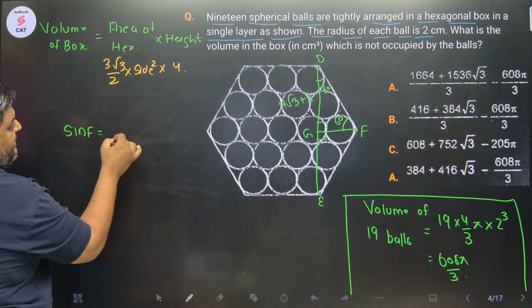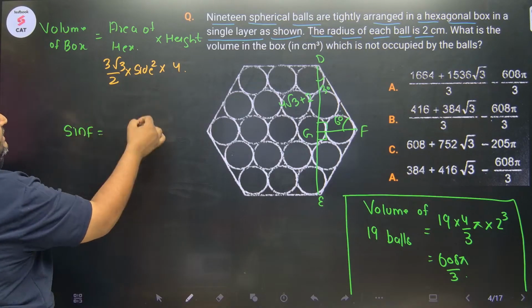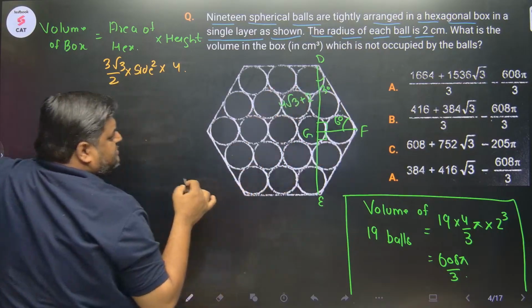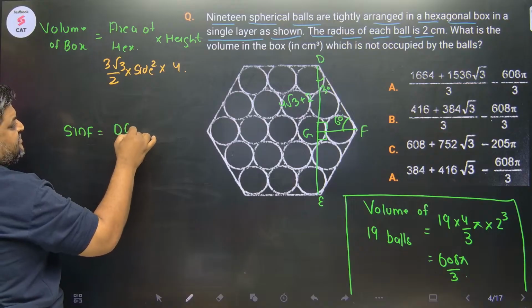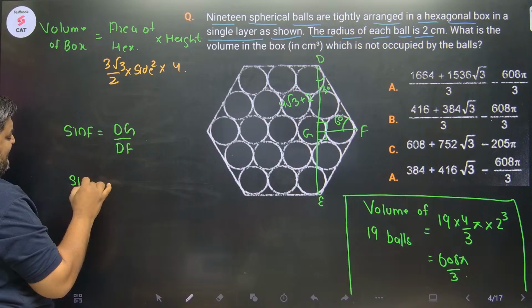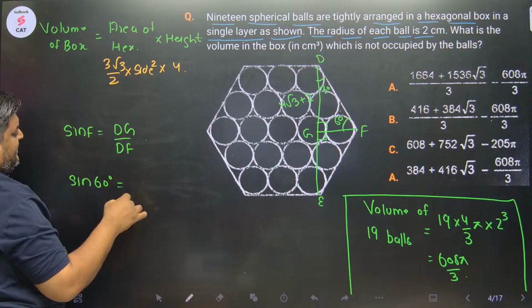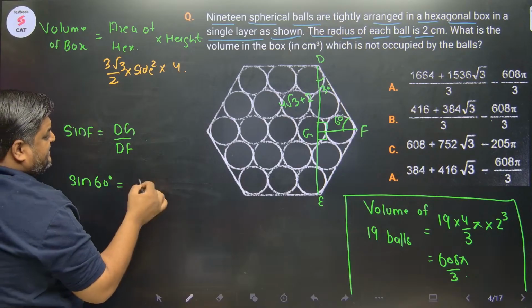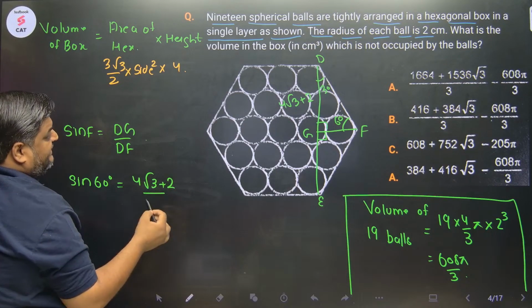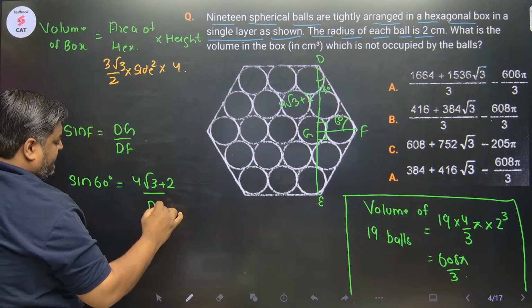Sin F is DG, the perpendicular for this angle, upon DF, the hypotenuse. Sin 60 equals DG, which is 4 root 3 plus 2, upon DF. DF needs to be calculated.